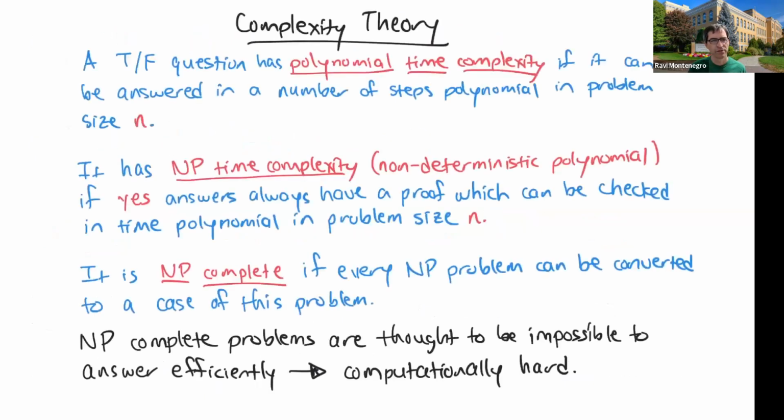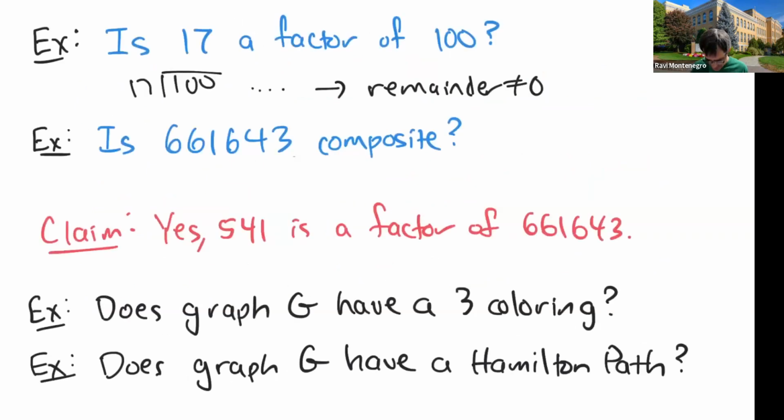As I discussed earlier, if you can solve an NP complete problem, you can steal all the money from my bank account. You can get $1 million prize. There's a lot of things on the line there. Geniuses have looked at this. Nobody knows how to do it. So this is probably impossible to do efficiently.